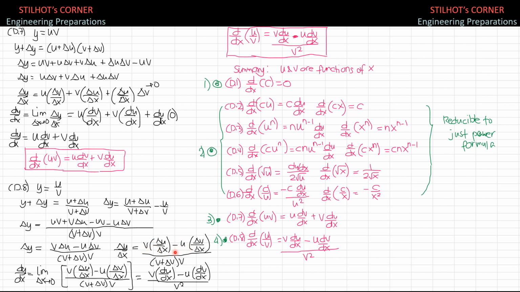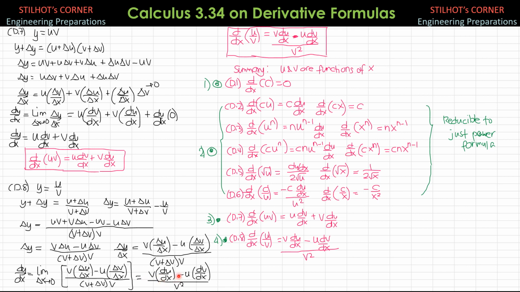Take note that the limit of delta u over delta x is du/dx. The limit of delta v over delta x is dv/dx. And as delta x approaches 0, delta v approaches 0 also, so we set this to 0. Then we have (v du/dx minus u dv/dx) all over v squared.